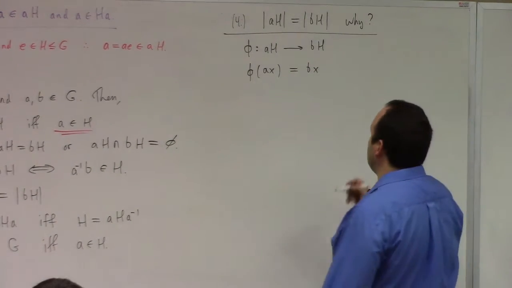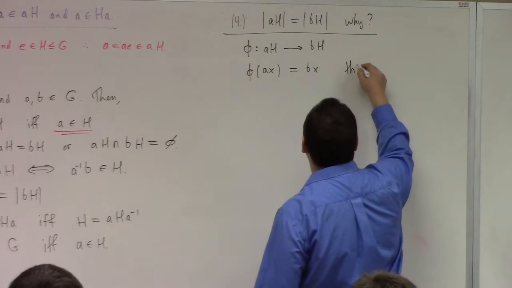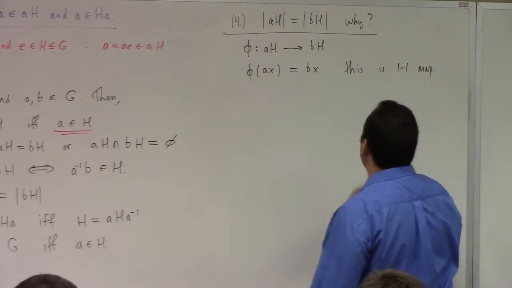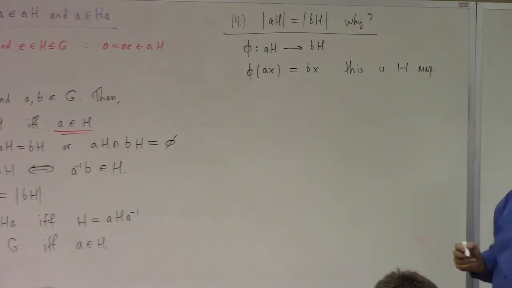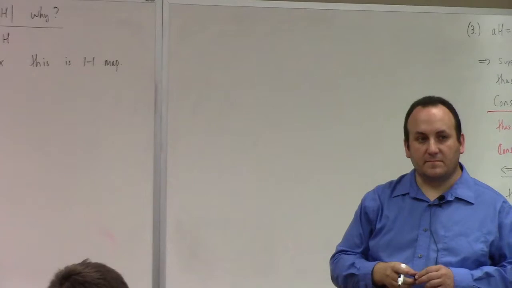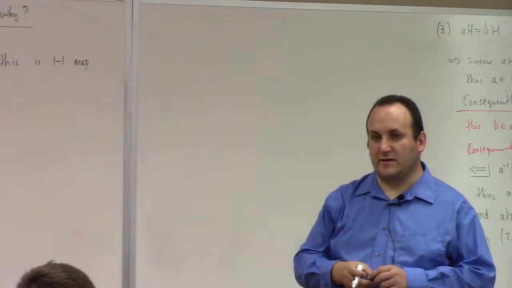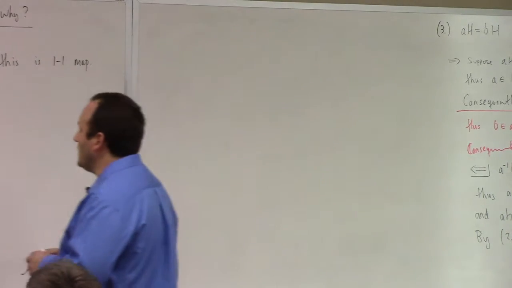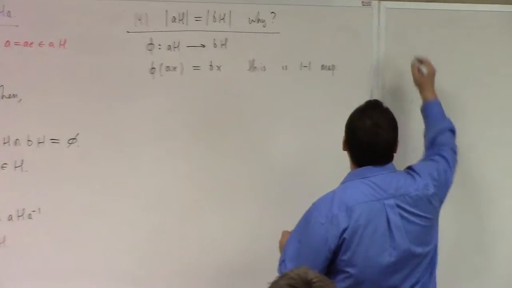And it's not hard to see that this is a one-to-one mapping. So it says that the order of those sets has to match. One element goes to one element. So that's essentially the proof. That brings us to Lagrange's theorem.